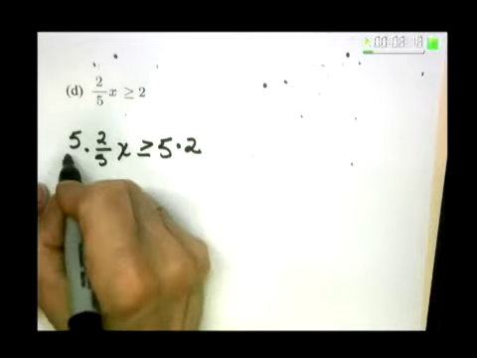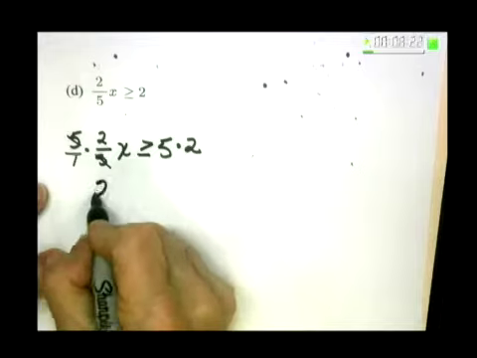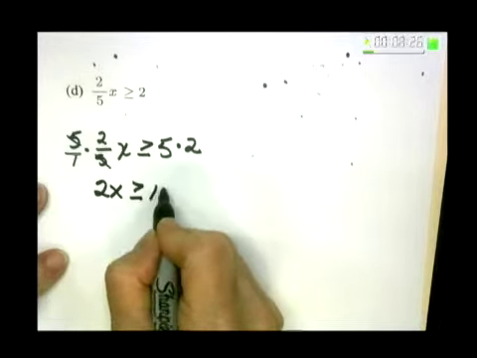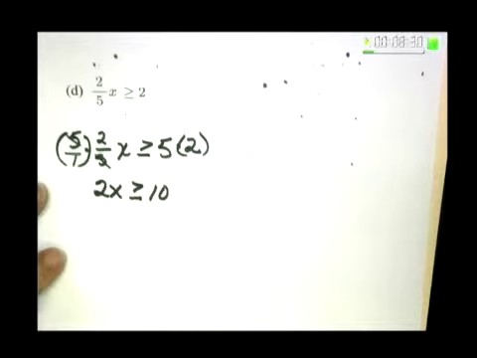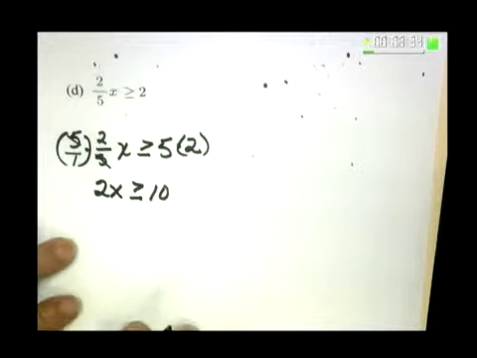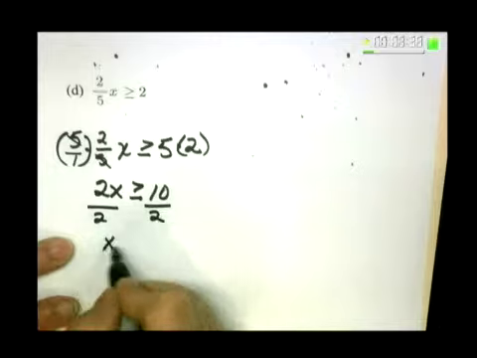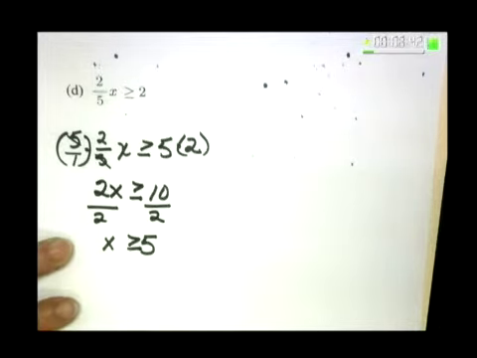Well, 5 is 5 over 1, and those 5's reduce, and all I have left is 2x is greater than or equal to 10, because I multiplied by 5. Divide both sides of my inequality by 2, and I get x is greater than or equal to 5.